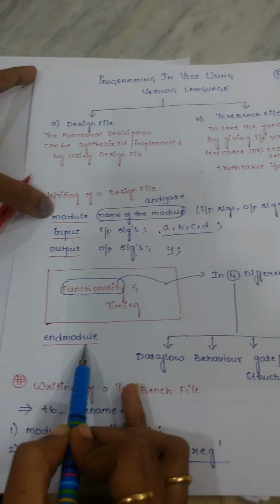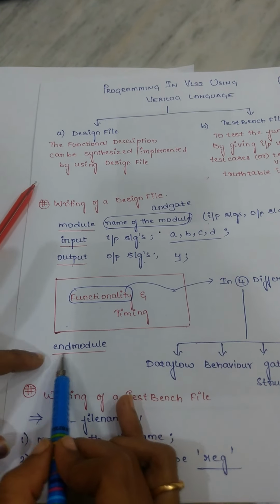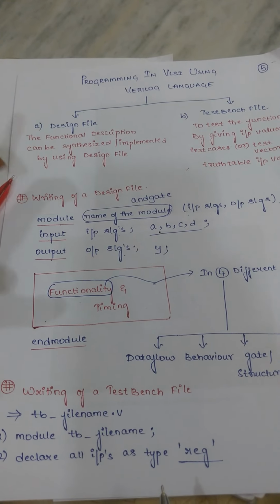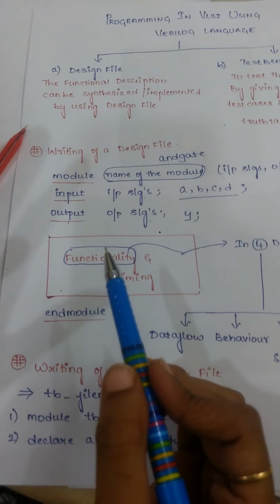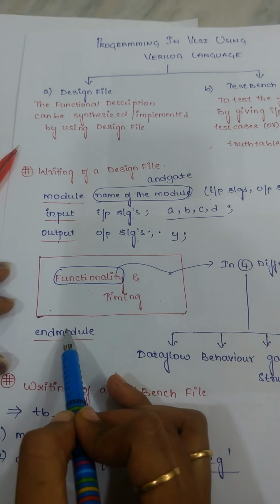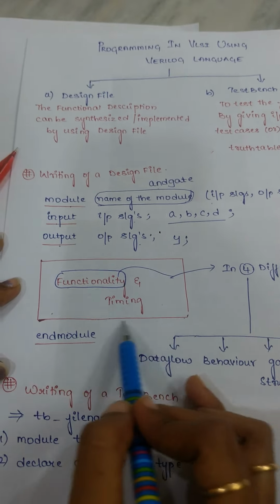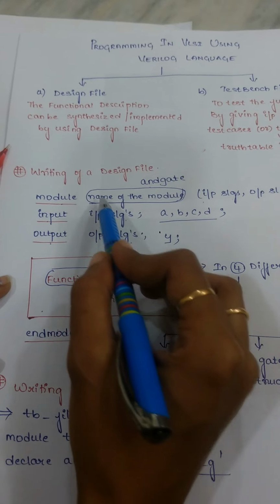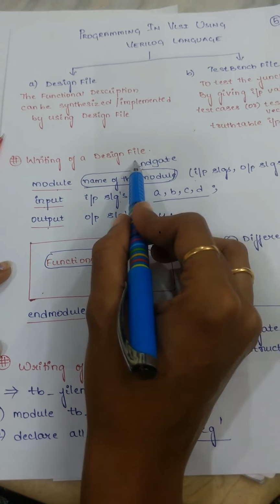The starting of the design is module, and once the entire program is completed, end module. So this is the outer structure of your design file with the syntax. None of these keywords in your entire program need to be changed. You only have the right to change the functionality, input variable names, output variable names, and the name of the module. This is the syntax format of the design file.